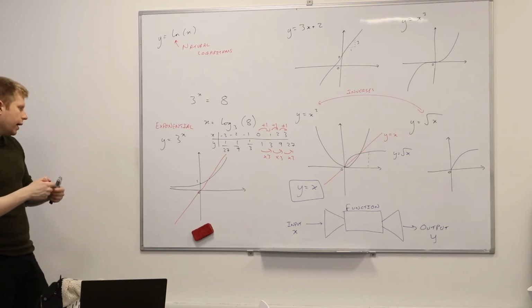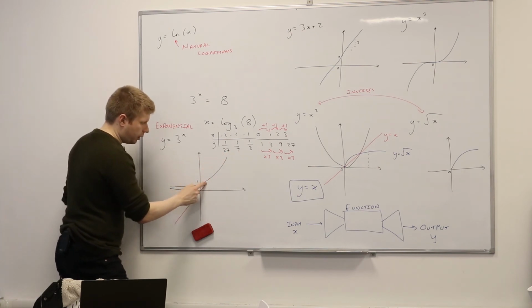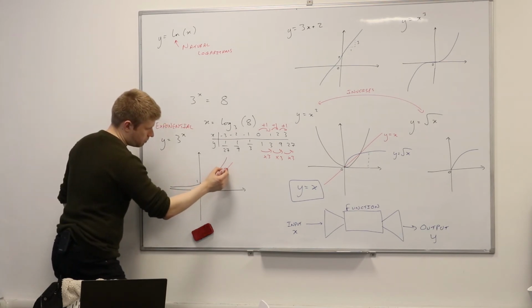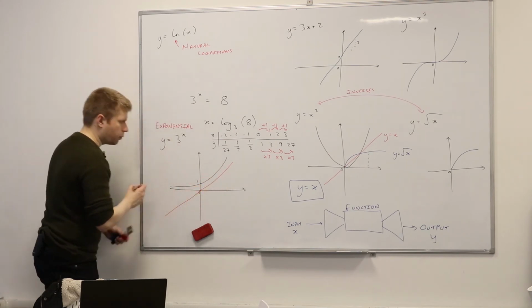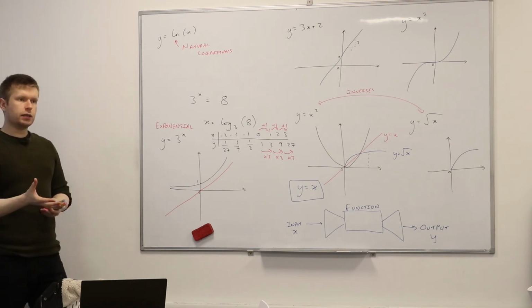Now, in fact I've drawn that a little bit steep, let me just go back and correct that. It's probably a bit fairer. Okay. The logarithm graph will just be a reflection in this line here.